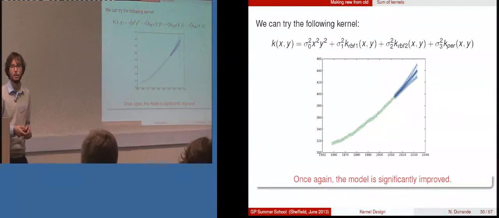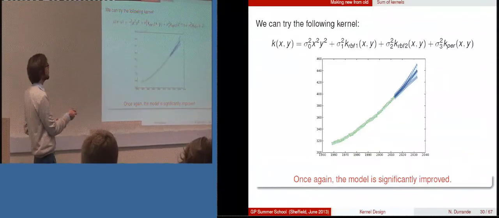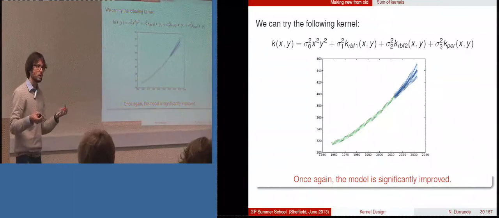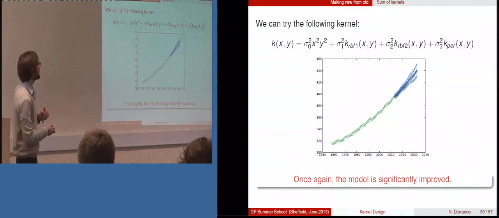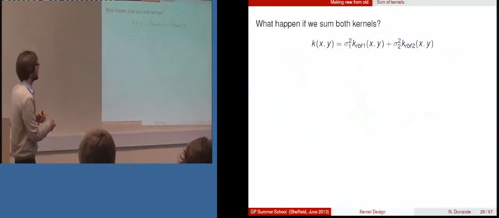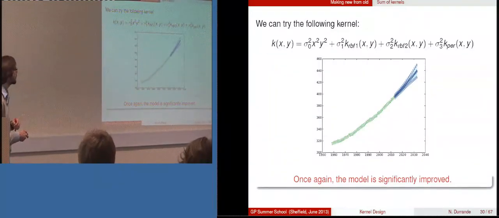And this is the model we end up with. So just by summing kernels, we are specifying a prior that is much more suited to the data. And if you compare that with the initial model we had, it's greatly improved.